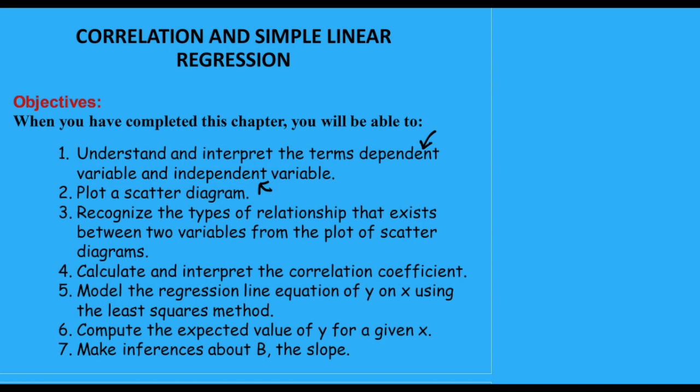Thirdly, you'd be able to recognize the types of relationships between the dependent and independent variables from the scatter plot. And next, you'd be able to calculate and interpret the correlation coefficient. Then you'd be able to model the regression line using the least squares method.